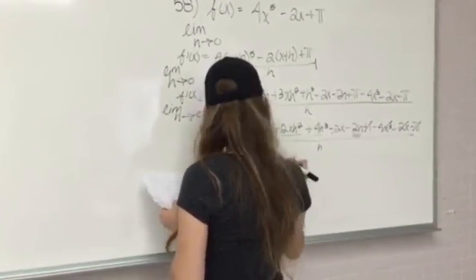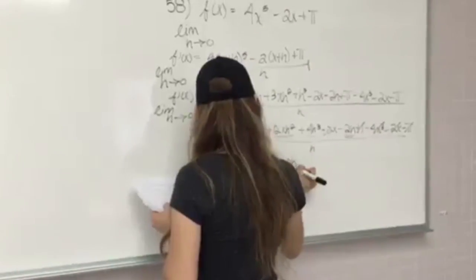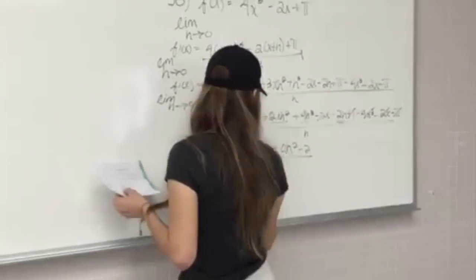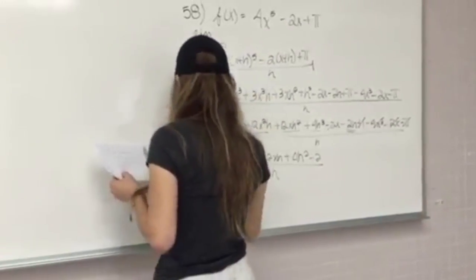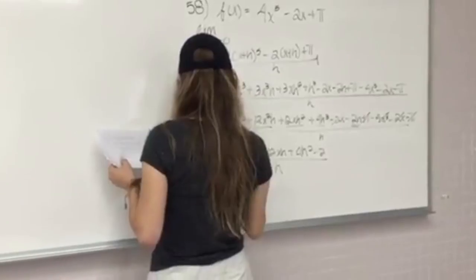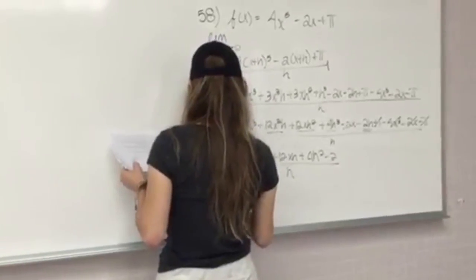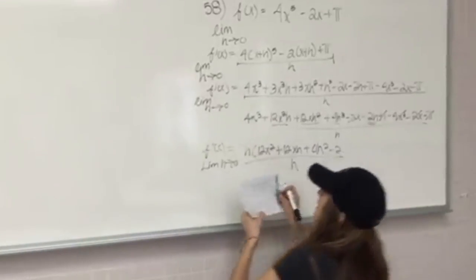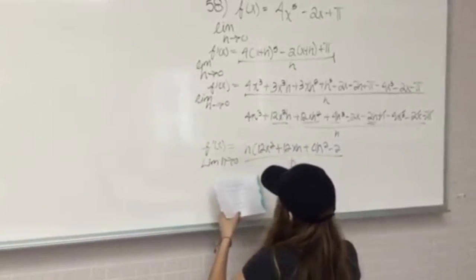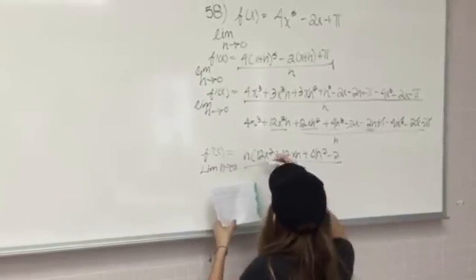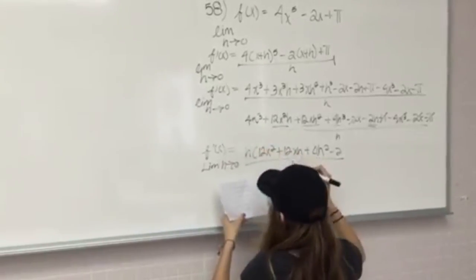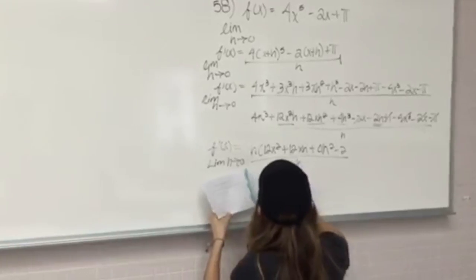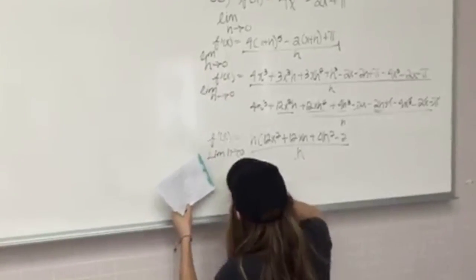After we do that step, we rewrite our equation with the numbers that are left and our division by h. Then we take out our h as a common factor and put our division of h and look for numbers that can be cancelled with the variable h.